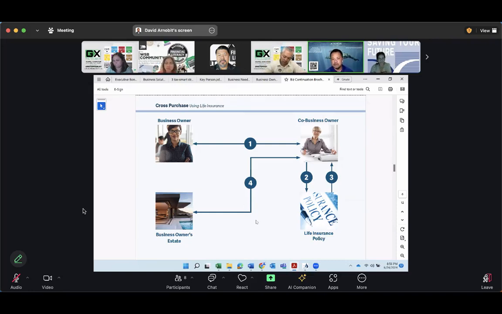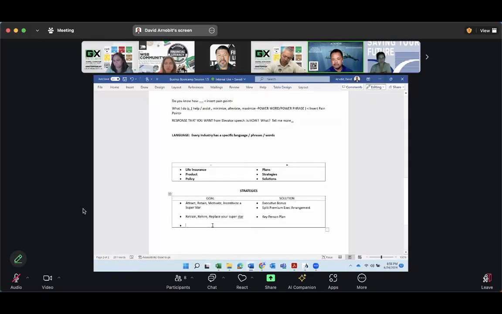So the whole point of what the buy-sell agreement offers is to protect the interest of each business owner, while providing a resource to purchase the exiting business owner's estate.